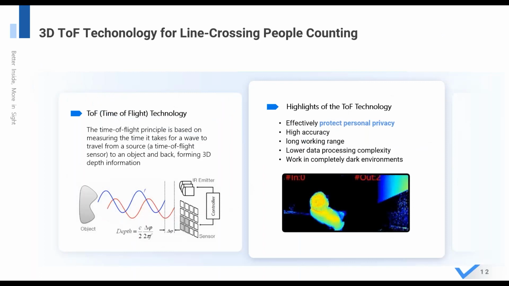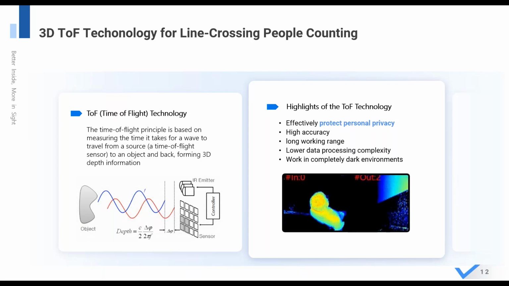The second technology I'm going to explain is our 3D ToF technology for light crossing people counting. 3D ToF technology is utilized to measure the time it takes for a wave to travel from the source to an object and back. It will form 3D depth information.